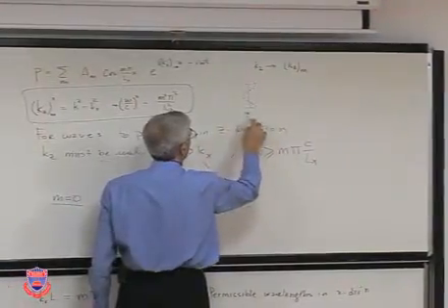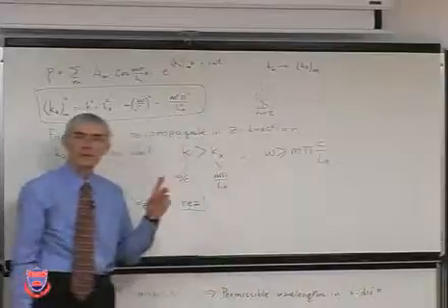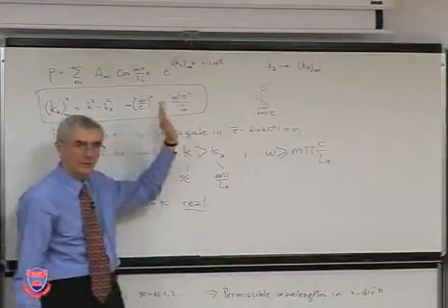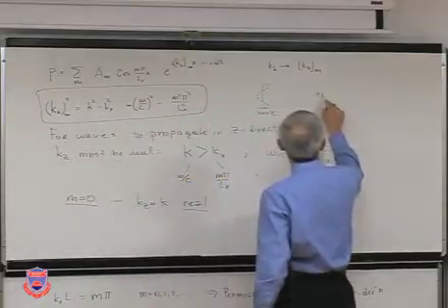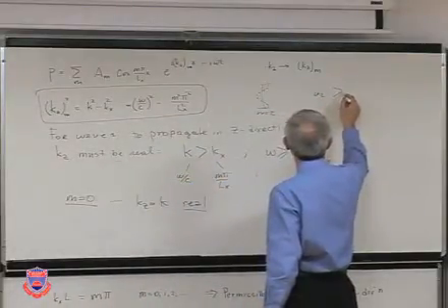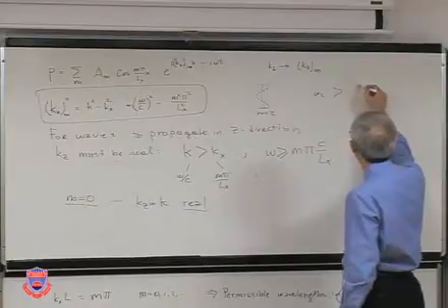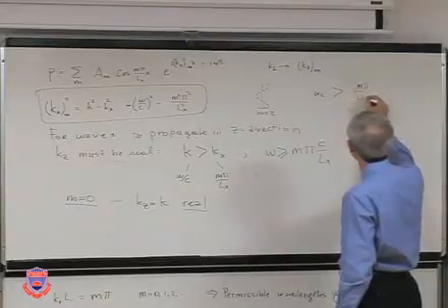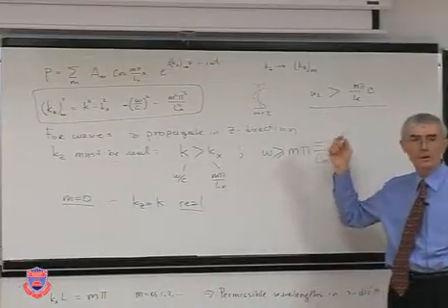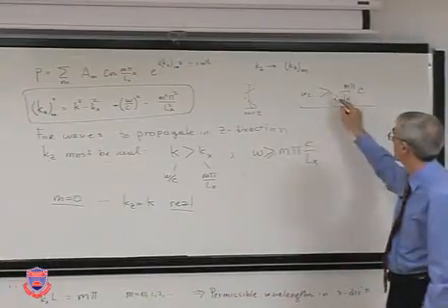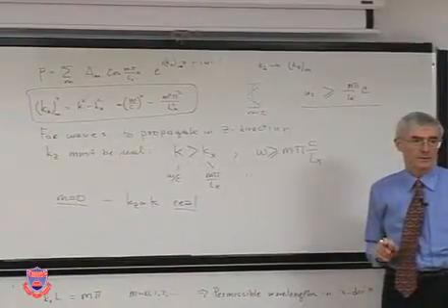This is m equal to 2. For a sound wave to have this shape and travel, omega 2 must be larger than m pi c over Lx, because that would be the cutoff frequency for that mode. Okay? Does that make sense?